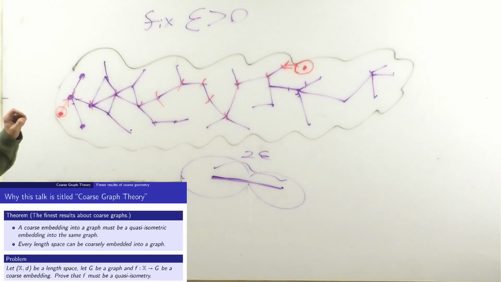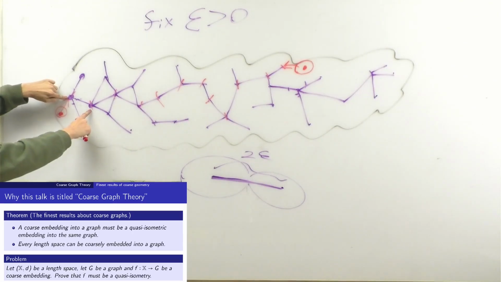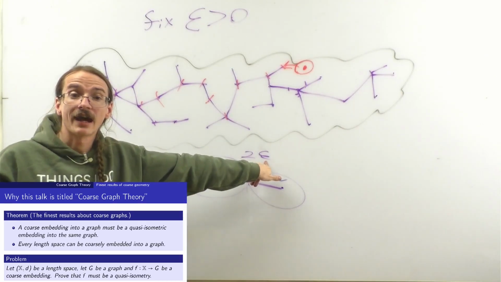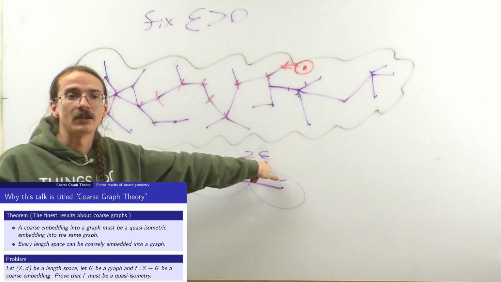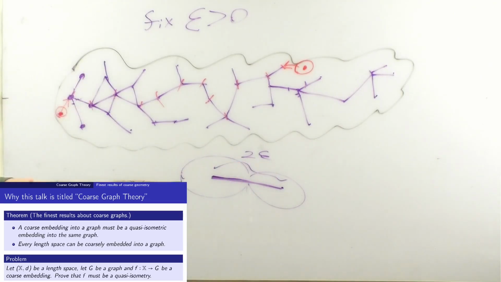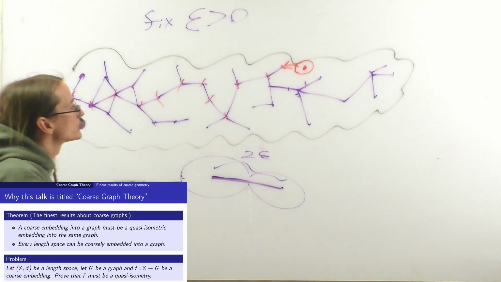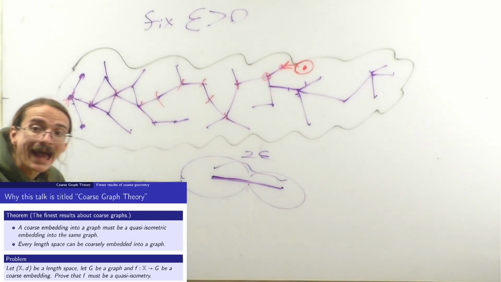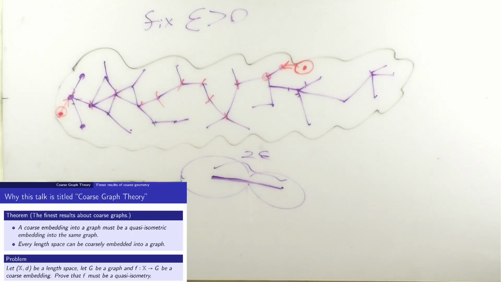From here to here is a distance of 1. And so that means there's an edge between these 2 points. That means their distance in the length space was, at most, 2 epsilon. So going from here to here, I cover, at most, 2 epsilons of distance.